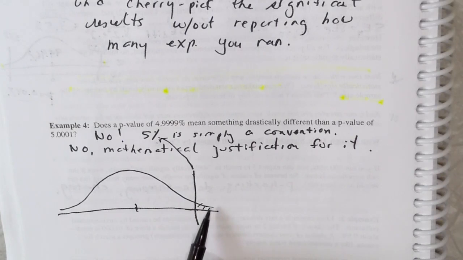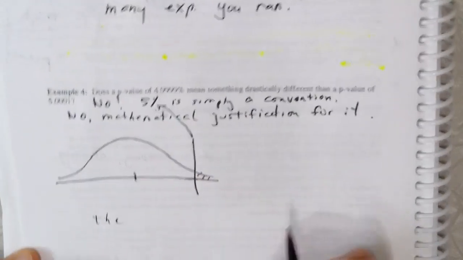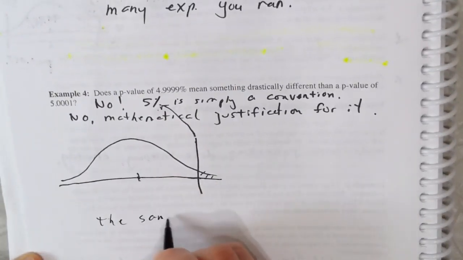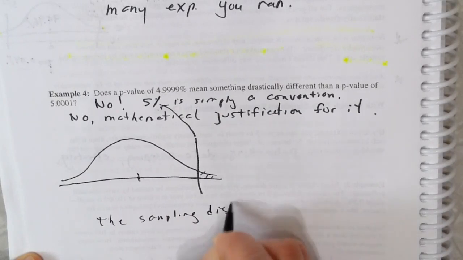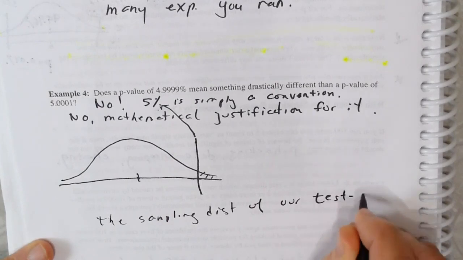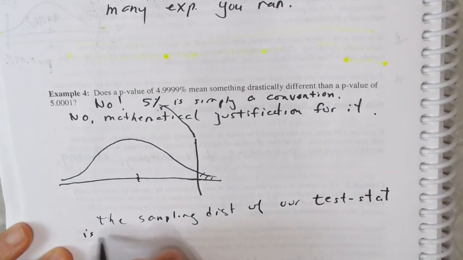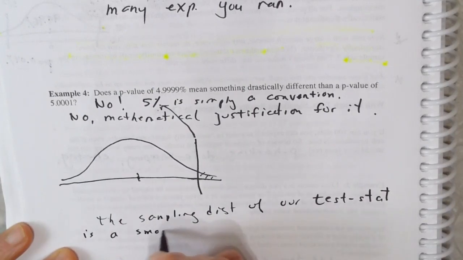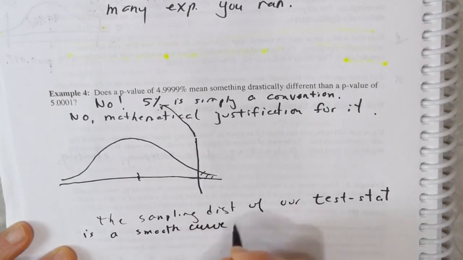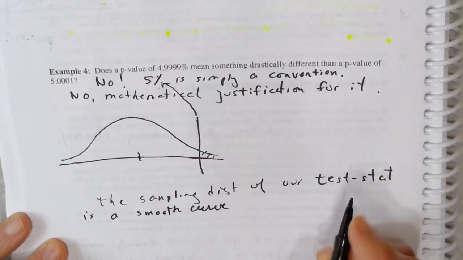There's no justification for this because it's a curve. It's a gradual change. The sampling distribution of our test statistic, if it's a z or a t or a chi-square, is a smooth curve. It doesn't have a sharp dropping off point to justify any particular cutoff.